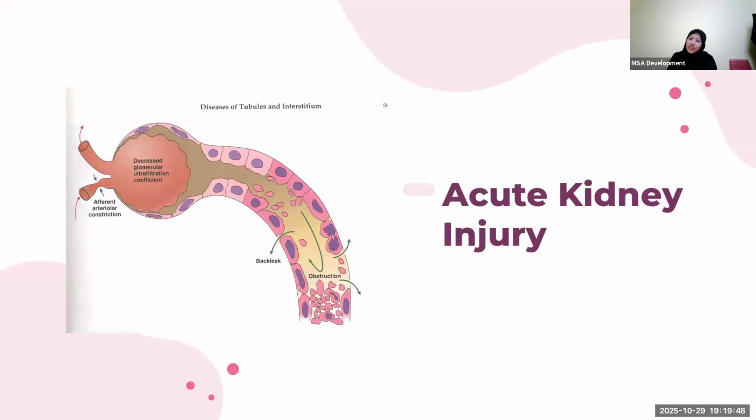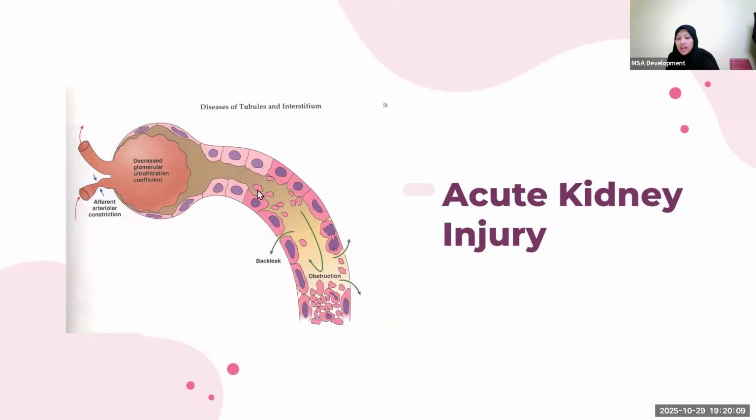Now, moving on to acute kidney injury. We talked about renal function tests, and we can now talk about the injury itself to the kidney. Generally, it just means that there is an injury to the kidney. It could be in the filtration, or in the tubule part, remember? That could cause a shedding of the cells.